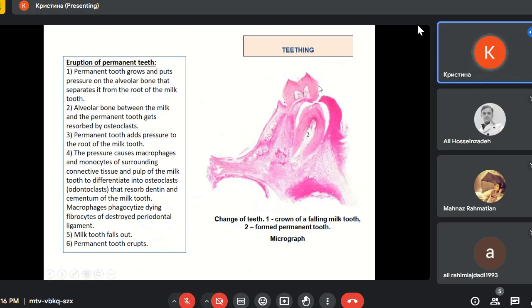At first, the milk tooth and permanent tooth developing in the same bony socket are separated with a thin bony plate.